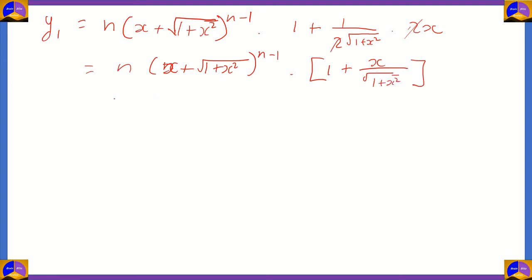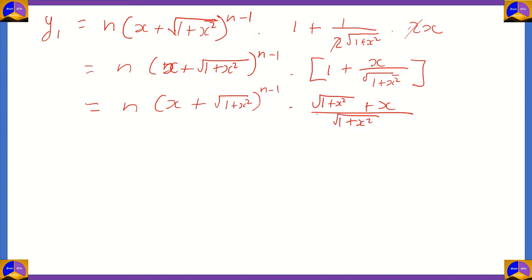So we will take LCM inside that square bracket, so now y1 will be equal to n times, inside the bracket you will have x plus under root of 1 plus x squared, the bracket is raised to n minus 1 times (under root of 1 plus x squared plus x) divided by under root of 1 plus x squared. This is the square bracket. So as you can see, (x plus under root of 1 plus x squared) raised to n minus 1 times the same term raised to 1.